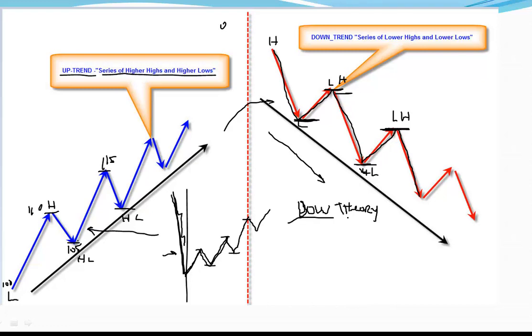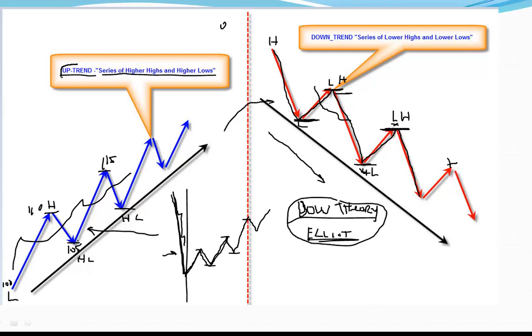Basically the Dow theory said that a series of higher highs, higher lows, and lower highs, lower lows establish a trend, and that the market should retrace a certain amount. But Elliott came in later on and started putting numbers and retracements and levels and zones and put structure around this theory. So this right here is a foundation of technical analysis. If you understand uptrend and you understand downtrend, you're ahead of the game.